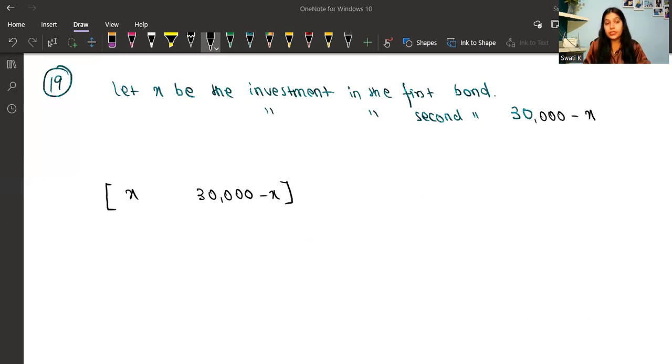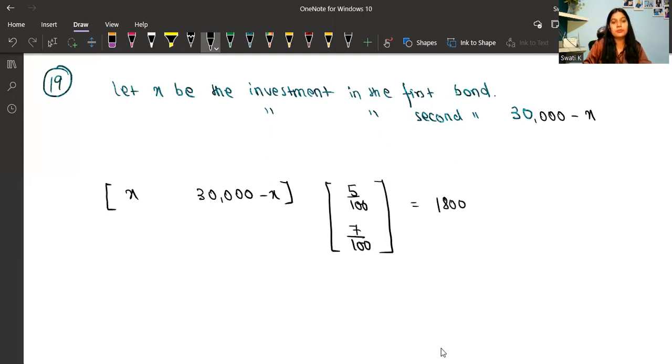Now, what is the matrix of the annual interest per year? That is 5% and 7%, so that means 5 upon 100 and 7 upon 100 in the column form. Now, the product of these two is given, 1,800.